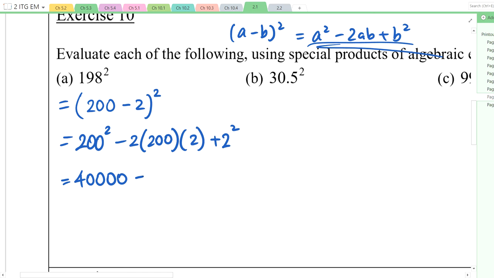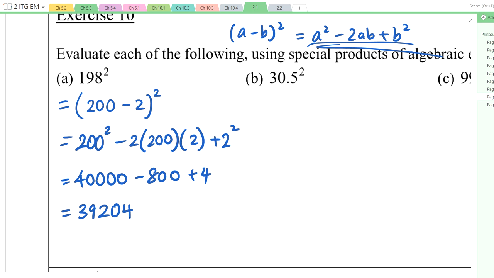Oh, it is 800 plus 4. Is this easy to solve? Yes, right? Okay, so 40,000 minus 800 will be 39,204. Agree? Okay, then use your calculator to test it out. Is it correct? Okay, yeah, it is correct.